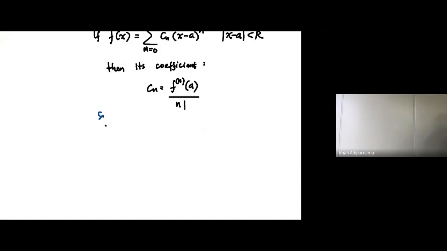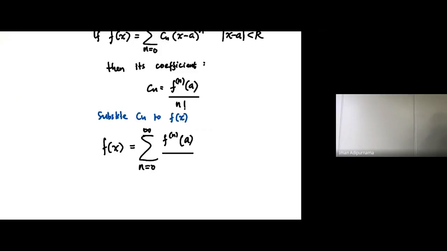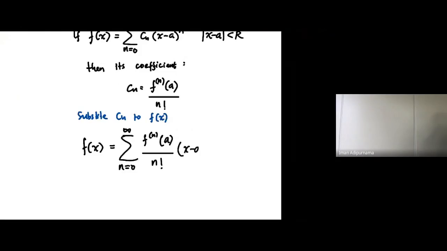And then let's substitute Cn to f(x). We get f(x) is the sum. Let's substitute the Cn, f and then f^(n)(a) divided by n factorial, and then (x minus a) to the power of n.